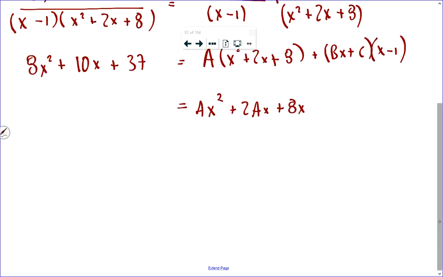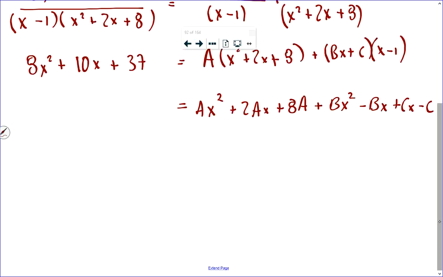Ax squared plus 2ax plus 8a plus, first is bx squared, outer is negative bx, inner is cx, last is negative c. That looks good.